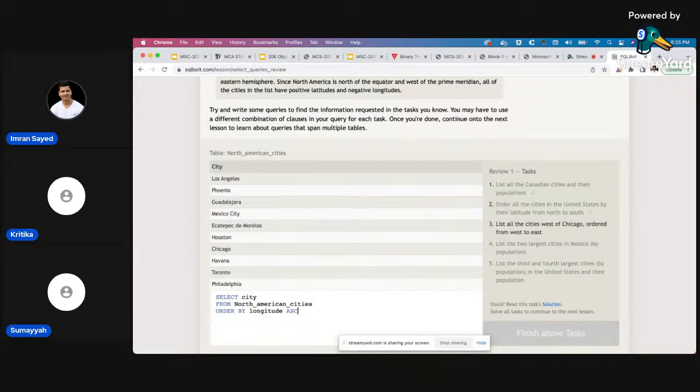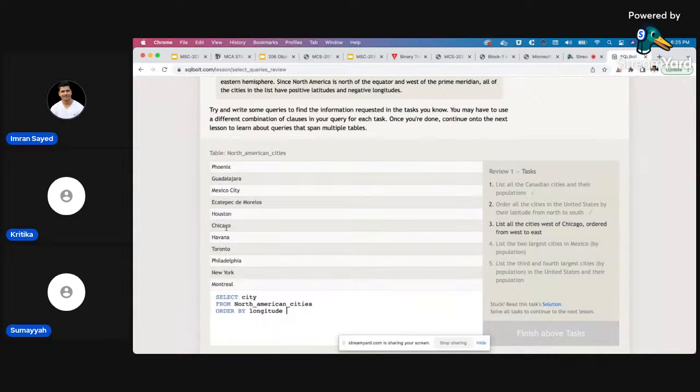This will be ascending actually. Should there be a where clause?